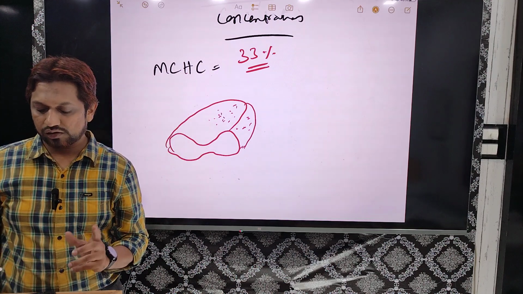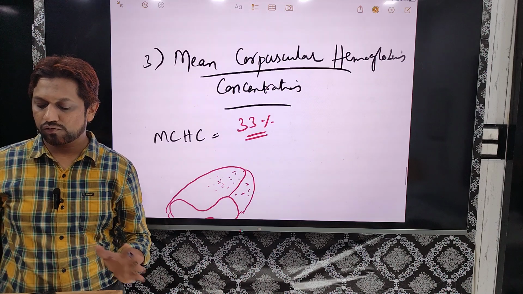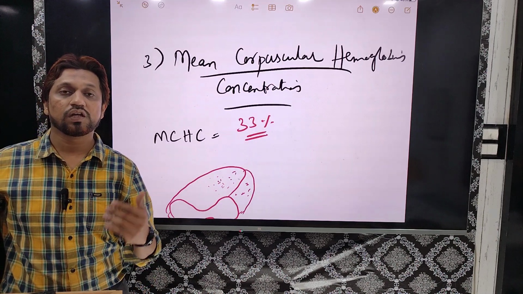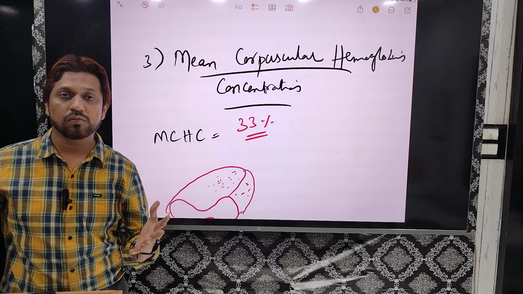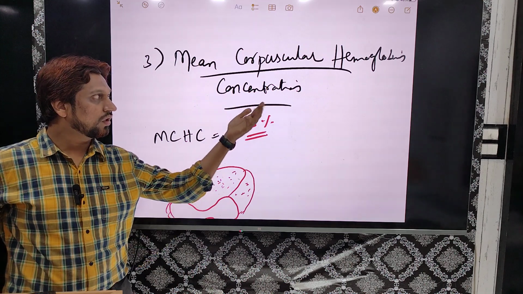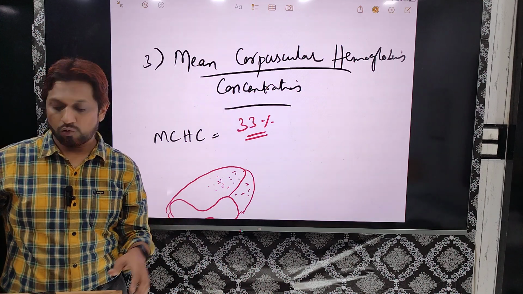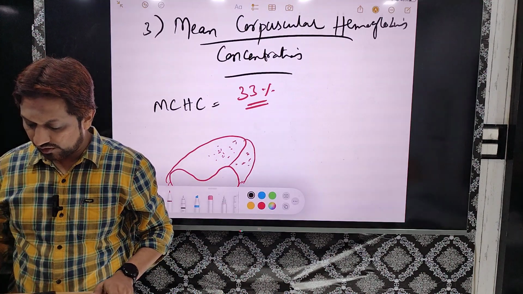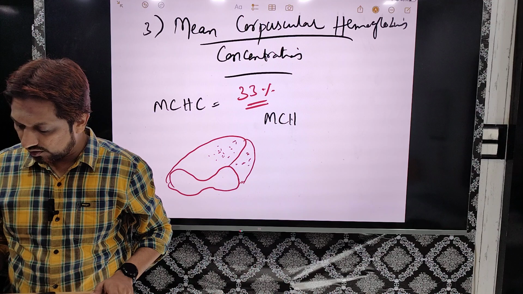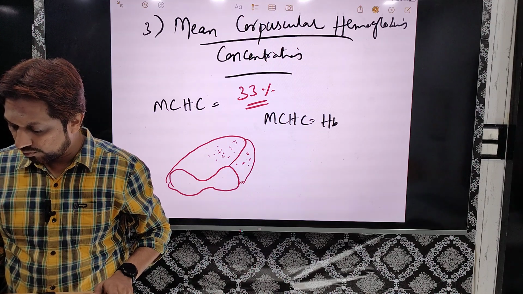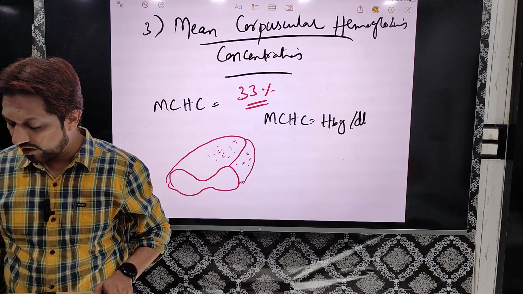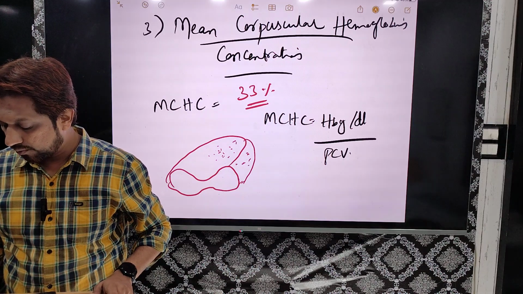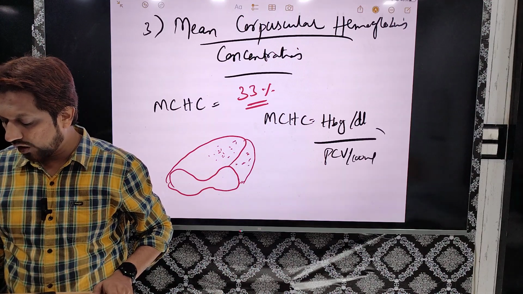So that is known as mean corpuscular hemoglobin concentration, that is, the average amount of hemoglobin expressed as a percentage with respect to the total volume. So how to calculate this MCHC? MCHC is hemoglobin in grams per deciliter divided by packed cell volume per 100 ml, into 100.